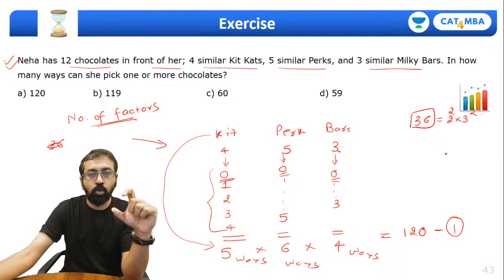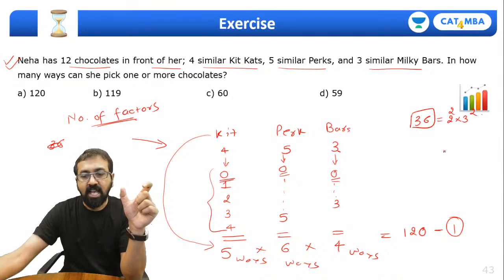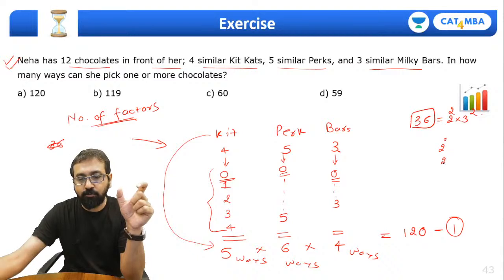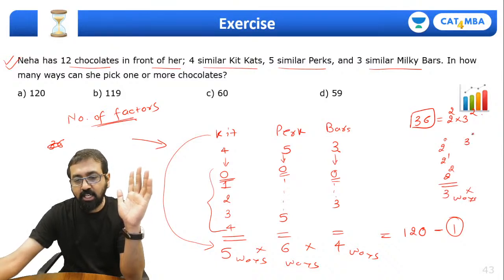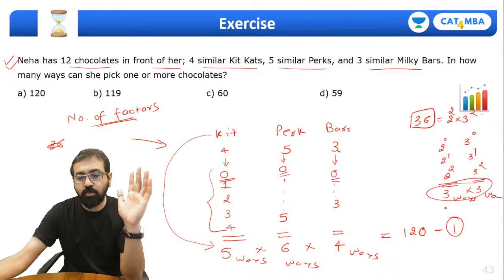That means if I want to create a factor of 36, I can choose any of this power of 2: 0, 1, 2, any of this power. So there are 3 ways to choose a power of 2, and I can choose any of this power of 3. So again, there are 3 ways to choose a power of 3. So that's why we got that formula 2 plus 1 into 2 plus 1.